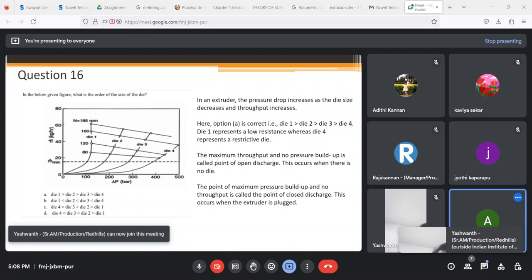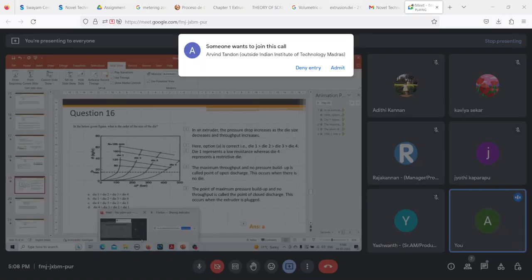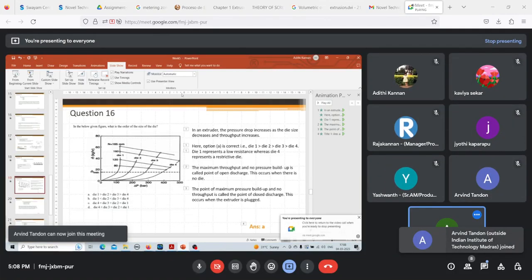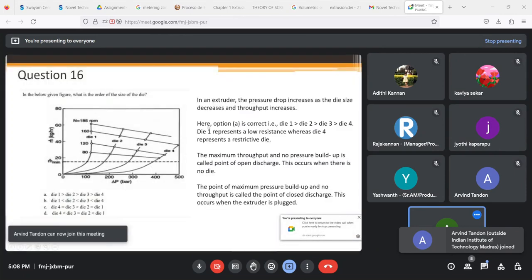So your pressure required will be extremely high, but the mass flow rate will be extremely low. This happens when there's a clogging or a blockage in your extrusion process, and this is known as the point of closed discharge. So the answer is option A. Die 1 is larger in size, and die 4 is the smallest in size.